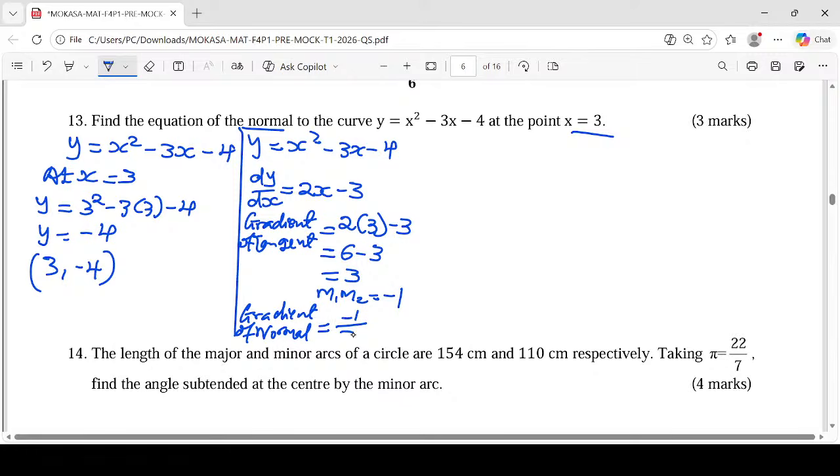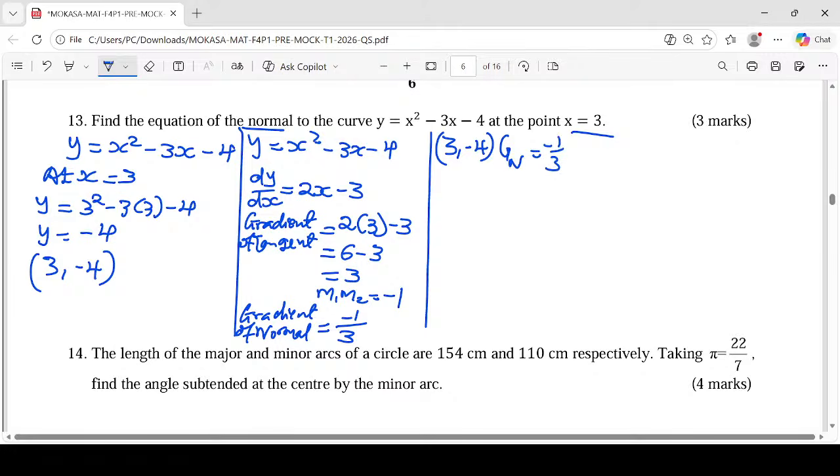The gradient of the normal will be -1 over 3 because the normal and the tangent are always perpendicular. After that, because we have the point 3, -4, we have found the gradient of our normal being equal to -1 over 3.